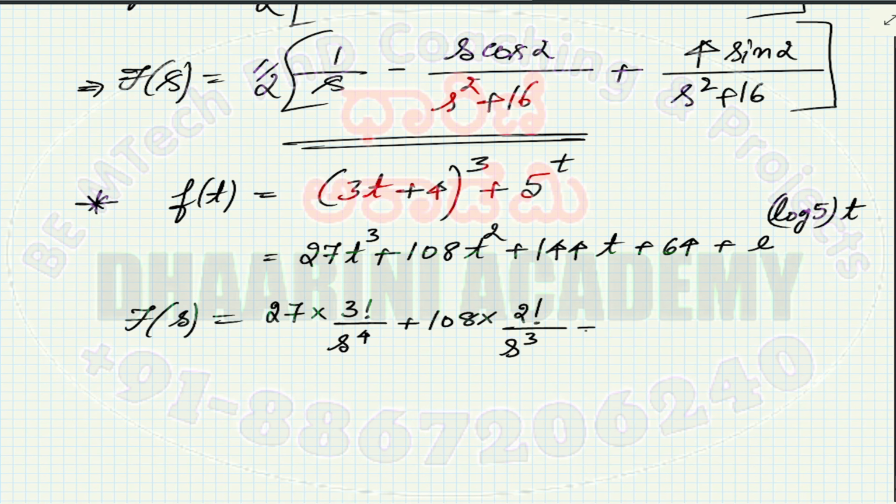All right, plus 144 into 1 factorial, which is 1, divided by s to the power 1 plus 1, that is 2, plus 64 is a constant, so this is 64 by s. Plus the last term, you see here, it is e to the at. So e to the at is 1 divided by s minus a. So a is log 5.